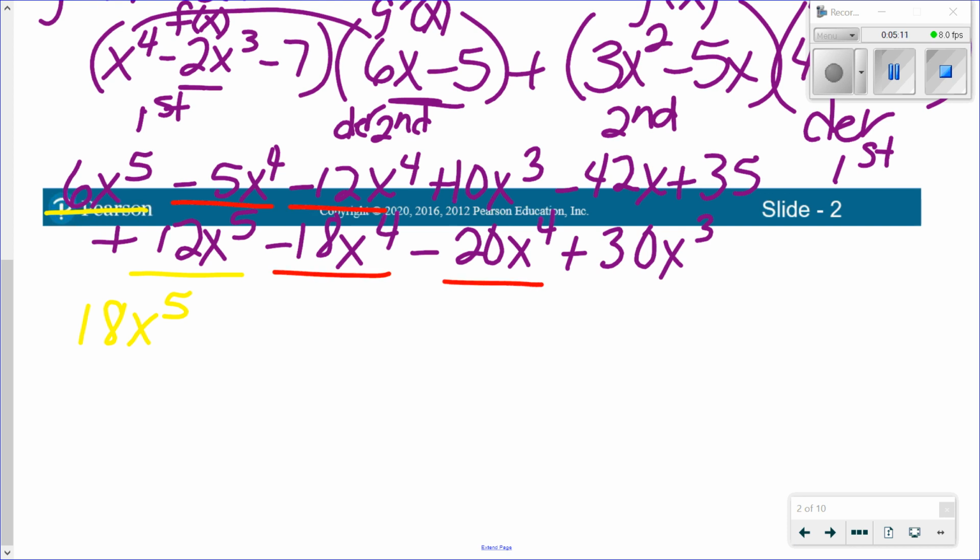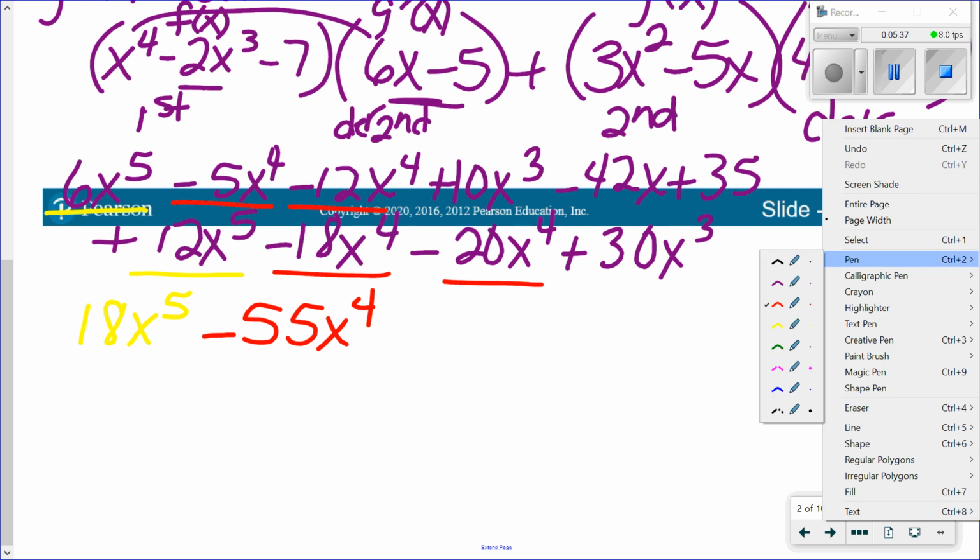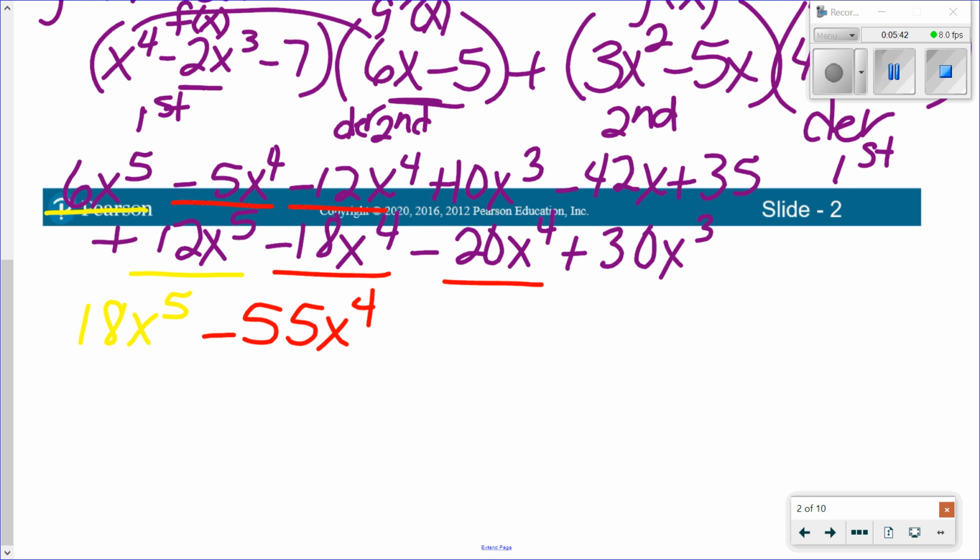So we have the x to the fourth terms combined, which gives minus 55x to the fourth. Then the cubes.